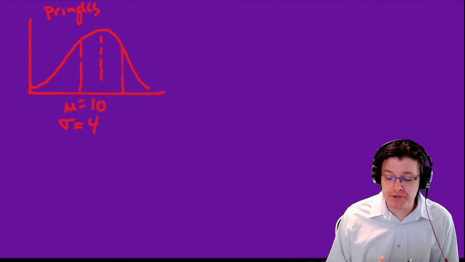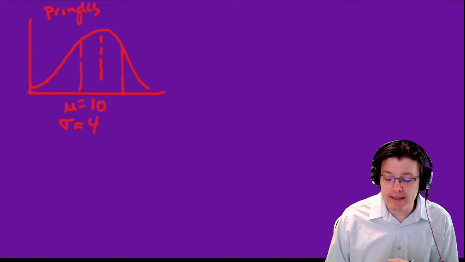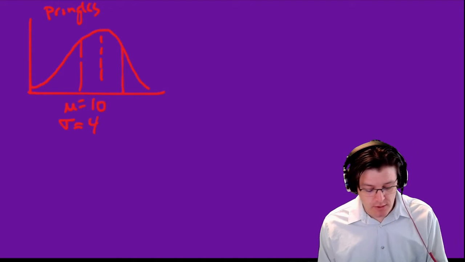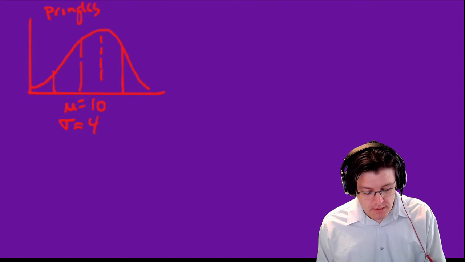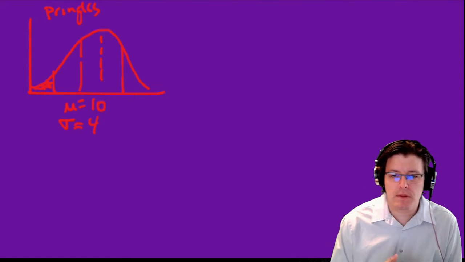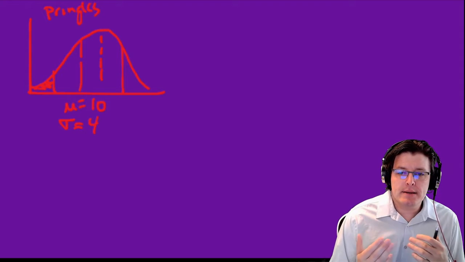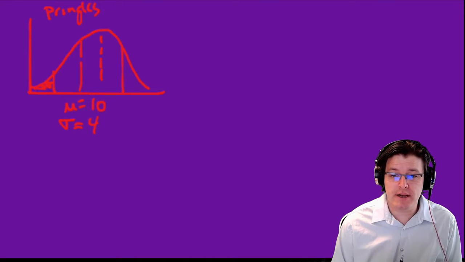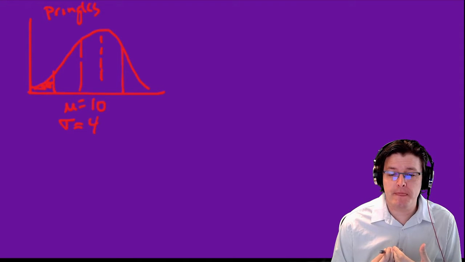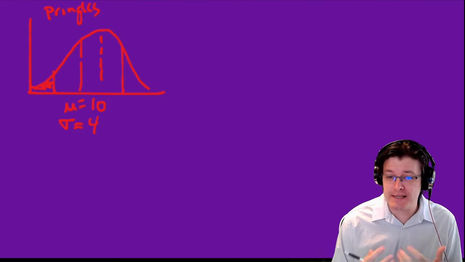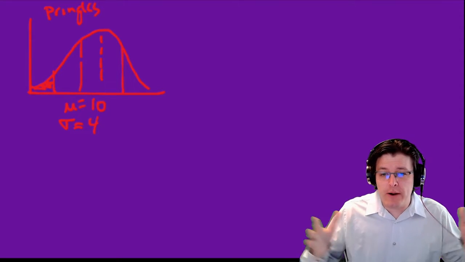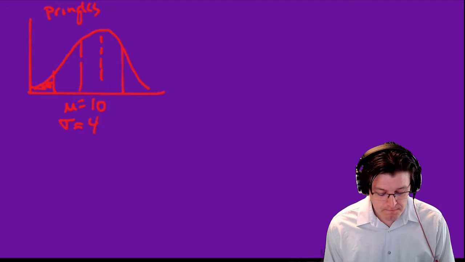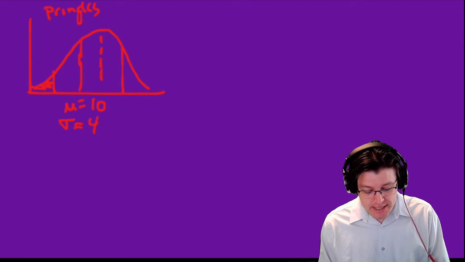But what we might be interested in is, again, how likely is it that somebody eats 2 or fewer Pringles? And so we can go through the Z-score. Now, you may get a good sense of what this is going to be from the empirical rule, which has a little bit to say about this if you follow it out further.